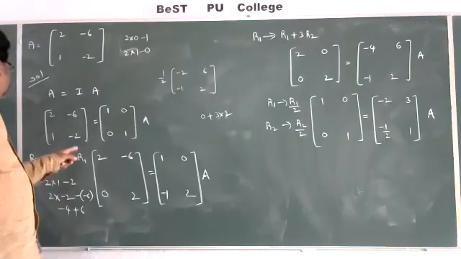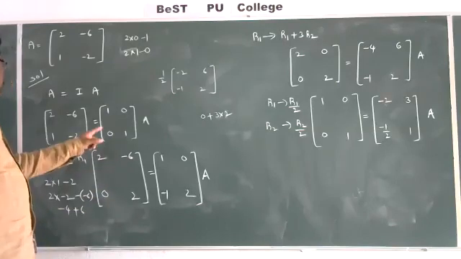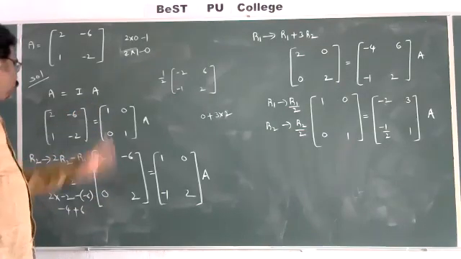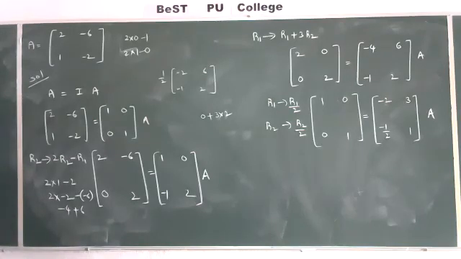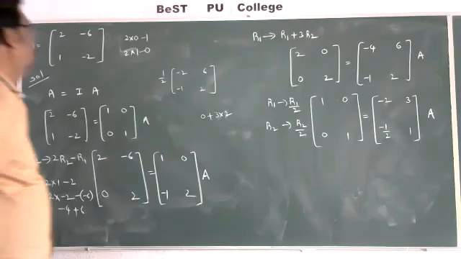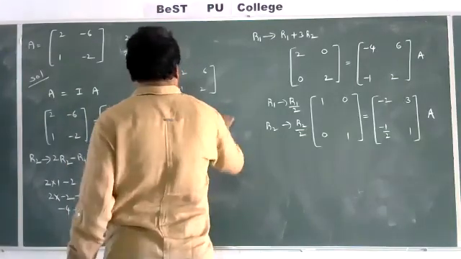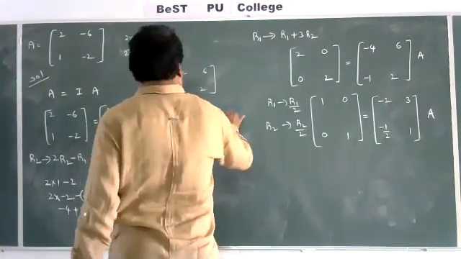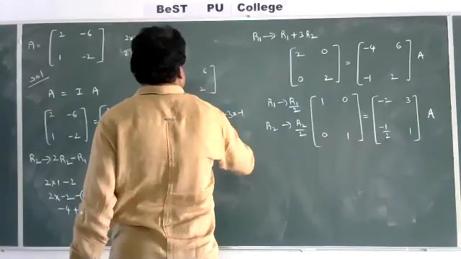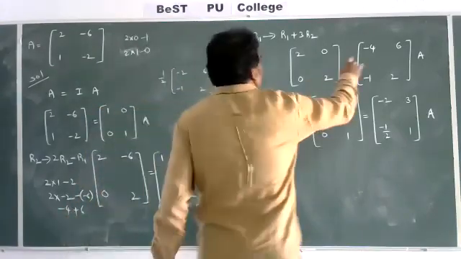R2 goes to 0 minus 1 is minus 1, 2 minus 0 is 2, okay. Next, R1 goes to R1 plus 3R2. R1, 1, 1 plus 3R2, wrong. 1 plus 3 into minus 1, 1 minus 3, minus 2 here.